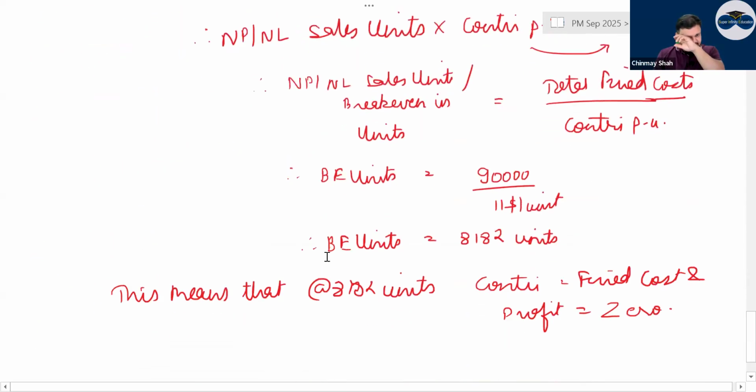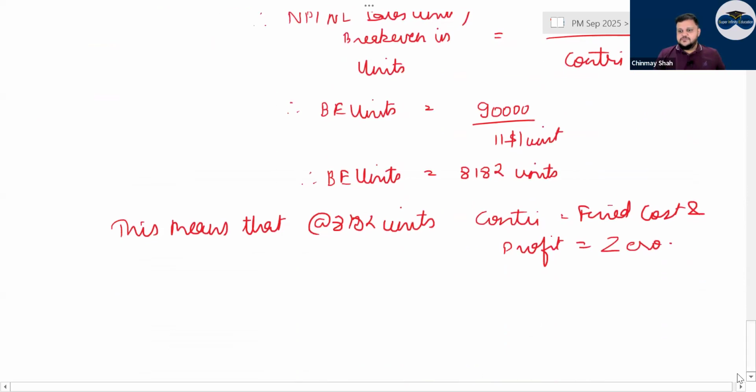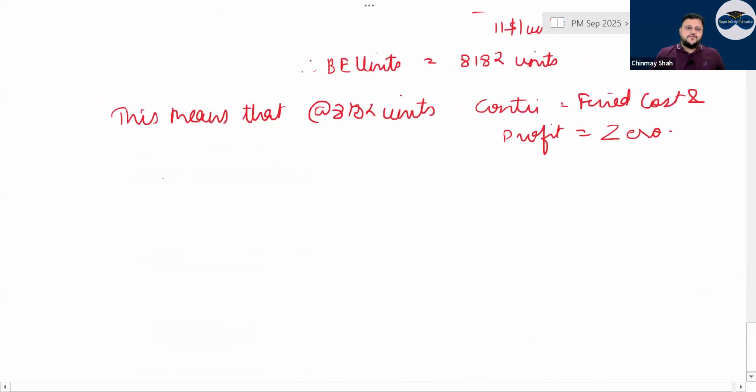Let's come back to this. Let's do a bit of practice of this. Write down an example. Sales is equal to $15 per unit. Variable cost is equal to $7.25 per unit.